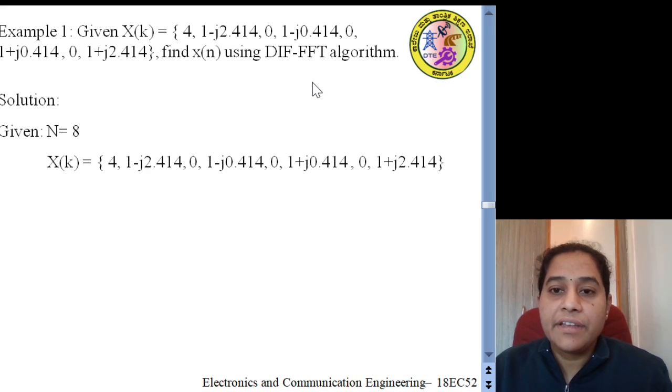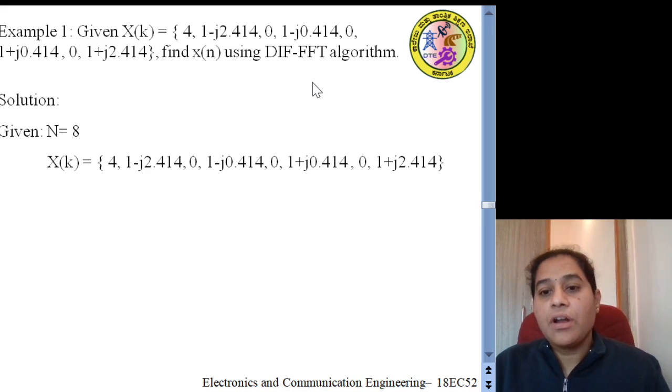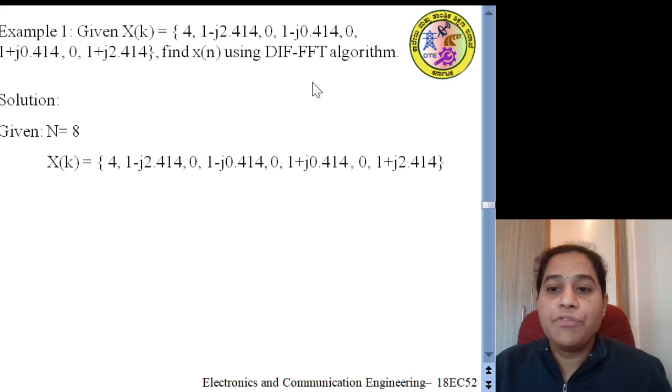So there are 8 samples, and the given sequence or DFT is 4, 1 minus j 2.414, 0, 1 minus j 0.414, 0, 1 plus j 0.414, 0, 1 plus j 2.414.